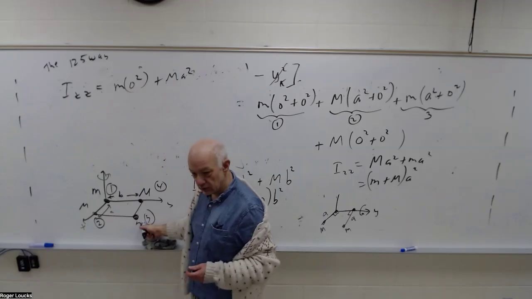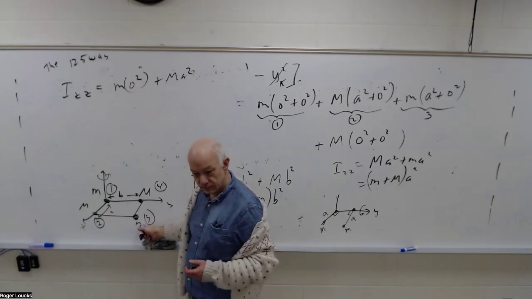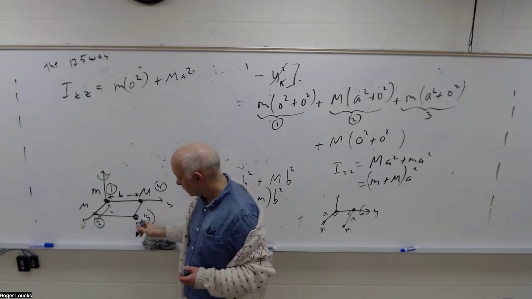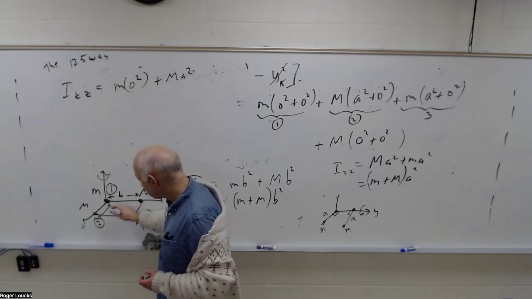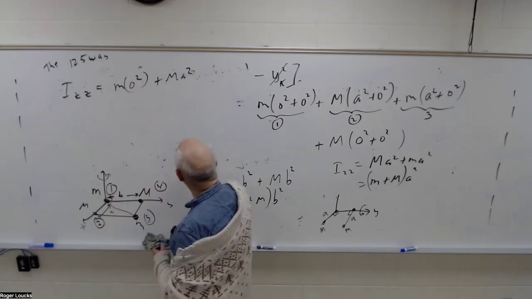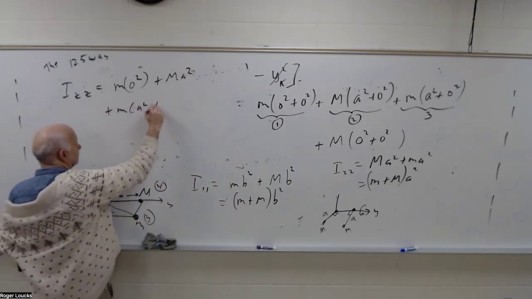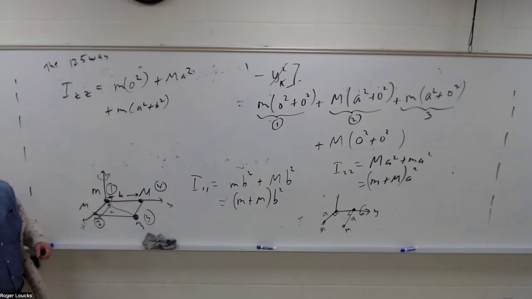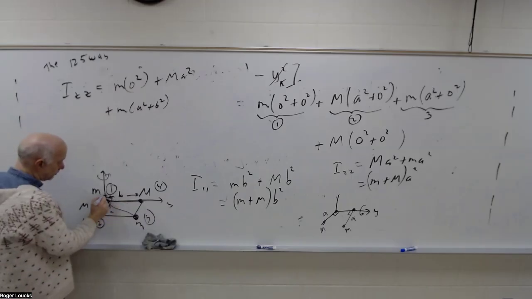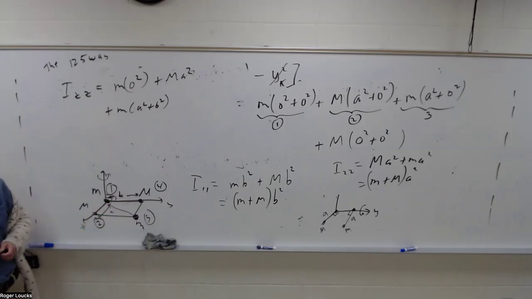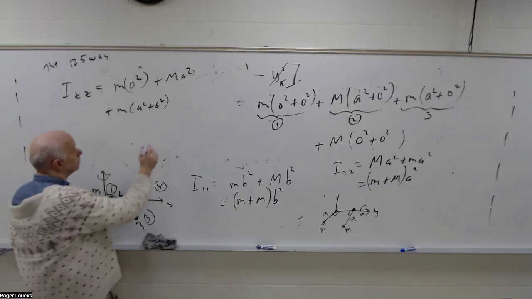That is my friend here. B squared plus B squared. Yeah, this is going to be my distance here, right? That's my perpendicular distance here. So that one's going to be little m A squared plus B squared. Then my little friend here, and that's my perpendicular distance here. So it's just B squared, big M B squared.